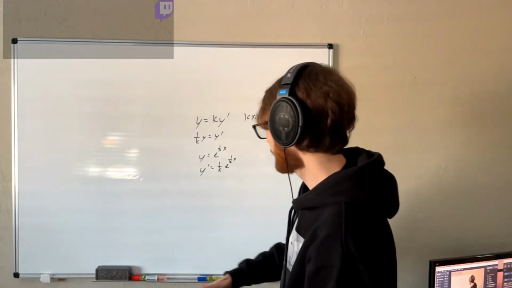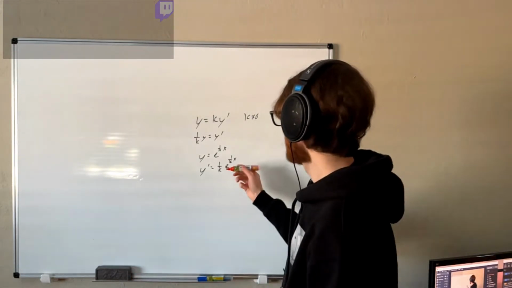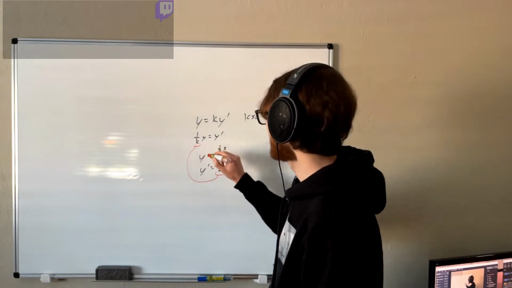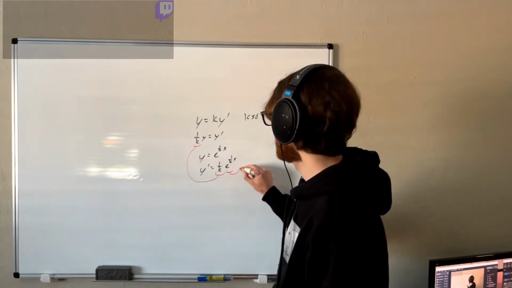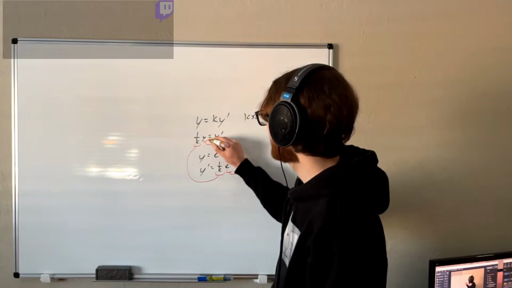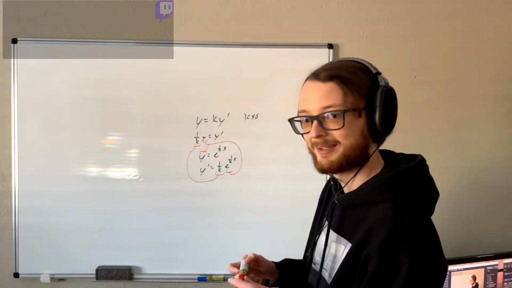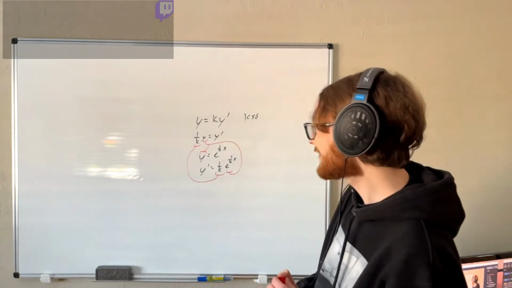But this fits the format because the 1 over k matches with that 1 over k, and that y matches with that y, I guess by this fact. That's a lot of lines, but that's how I think of it.